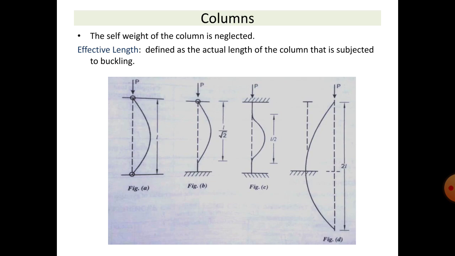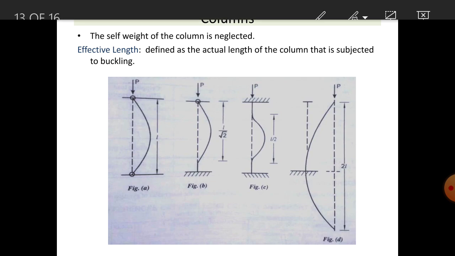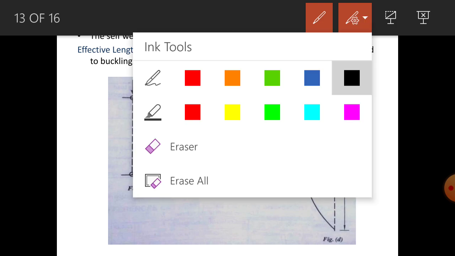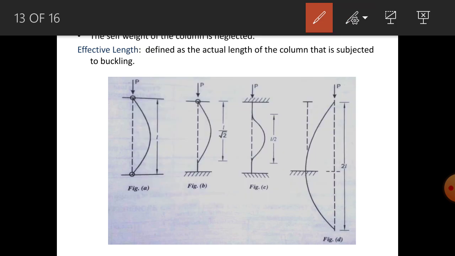First condition is the pinned type support. When the column is pinned at both ends, the effective length will remain the same as L. Remember this. When the column is pinned or hinged at both ends, the effective length will remain L.